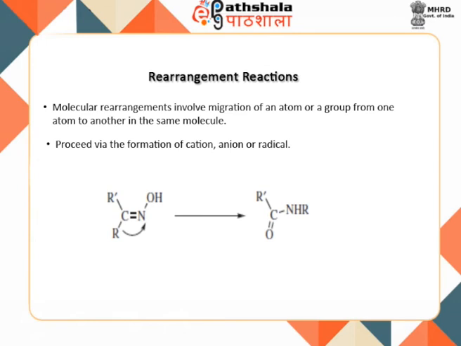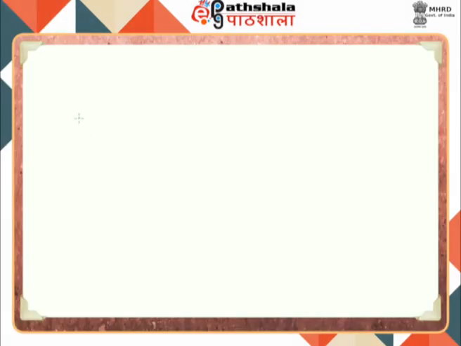For example, the Beckmann rearrangement of oximes to give amides is a rearrangement reaction. In this case, an alkyl or aryl group anti to the hydroxyl group migrates to nitrogen, forming an amide as the rearranged product. Let us now try to understand the rearrangement reactions with the help of the Beckmann rearrangement.